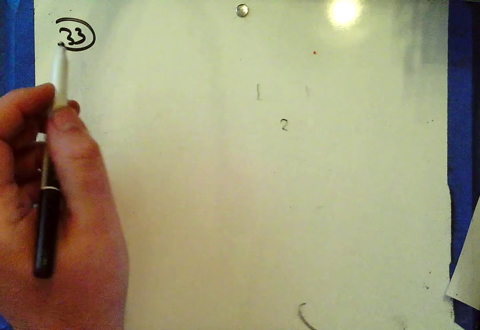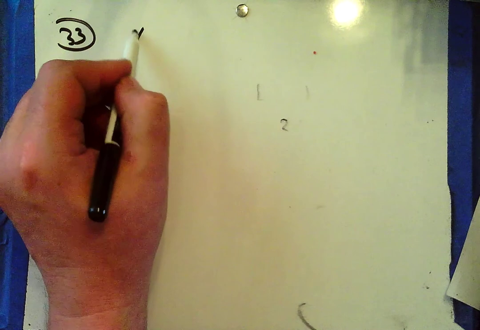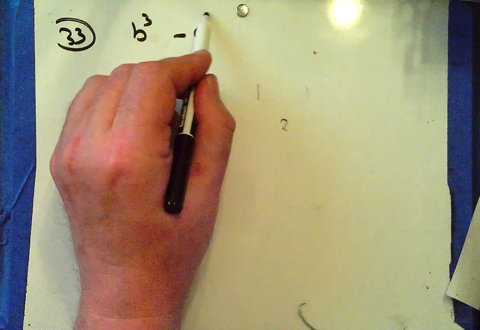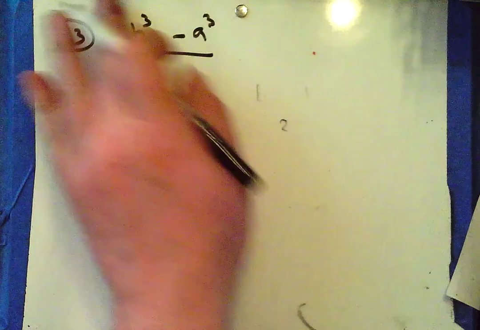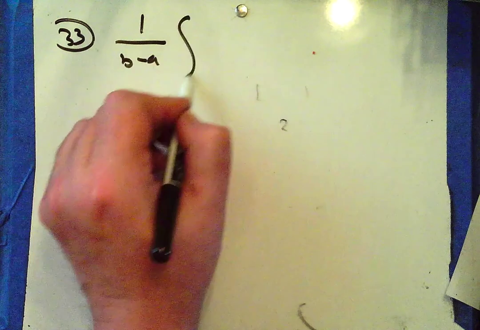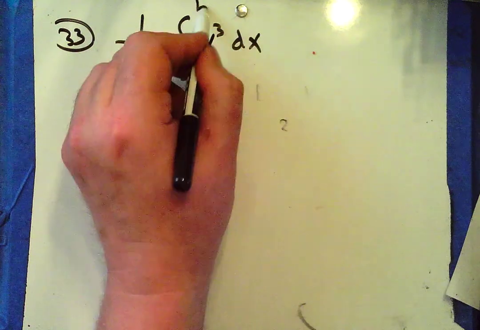33 says the average value on the interval from A to B. Well, that would be b to the third minus a to the third over, no, that's average rate of change. Let's try again. 1 over b minus a integral x to the third dx from a to b.